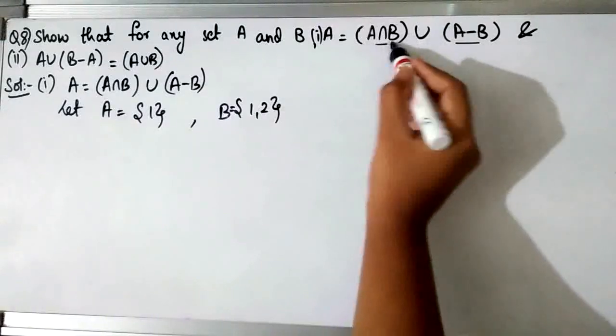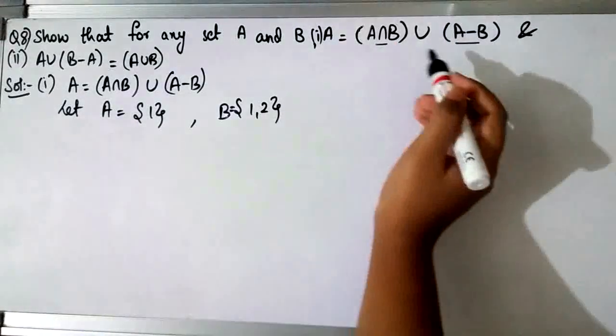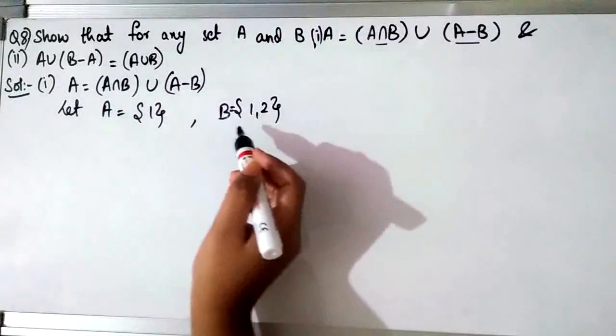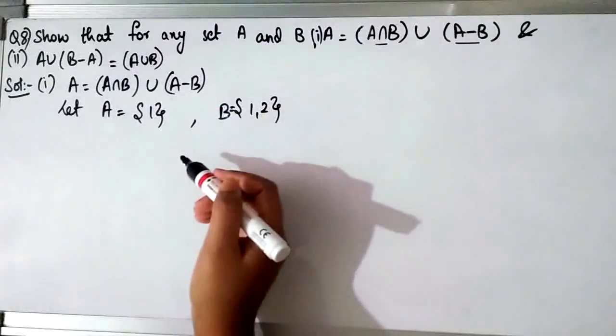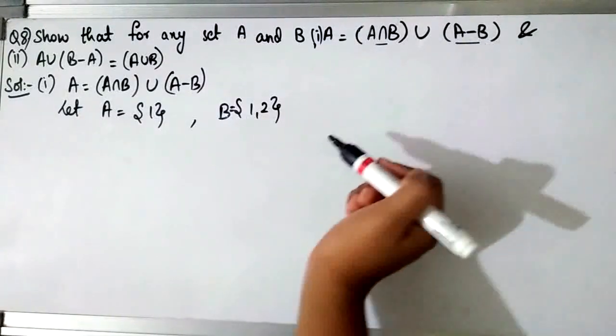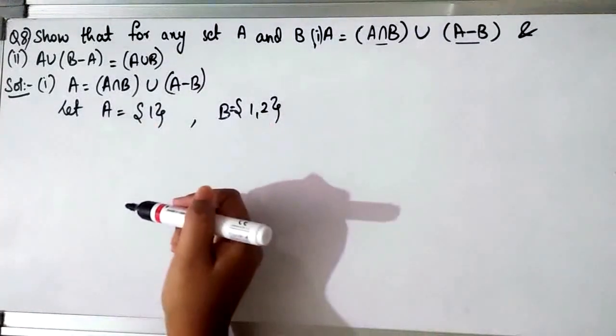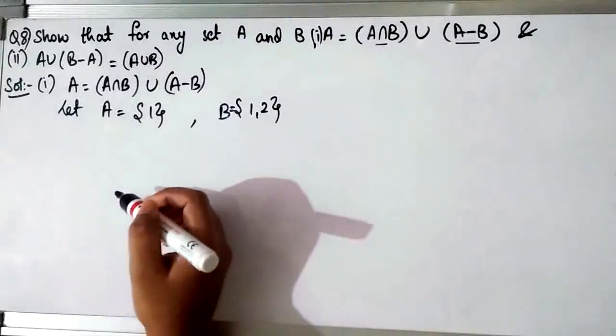So whenever you have intersection or difference of sets in any proving questions, always take your two sets in such a way that they will have at least one thing in common. So here also I took A and B in such a way that one was common in them. Okay, so these are our two sets.